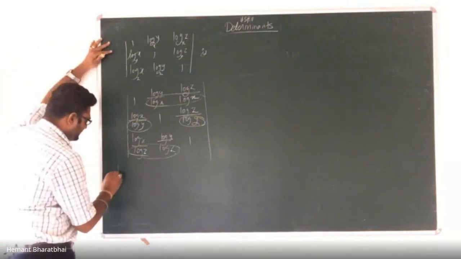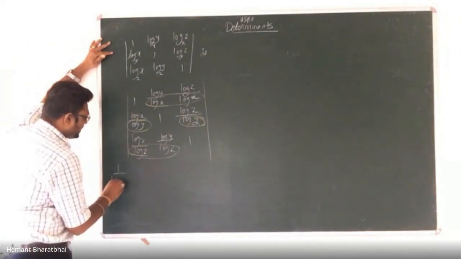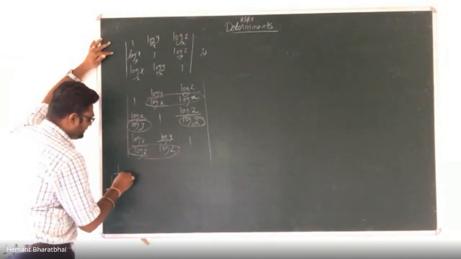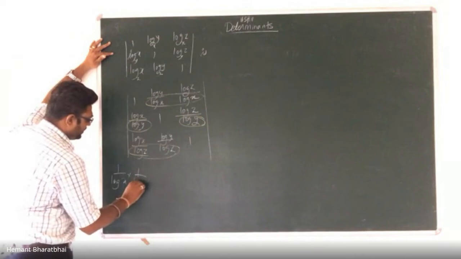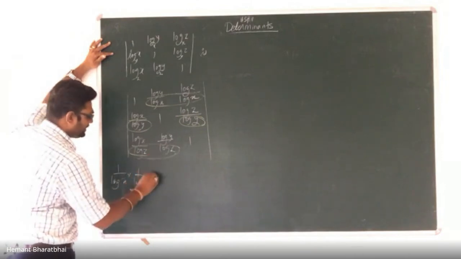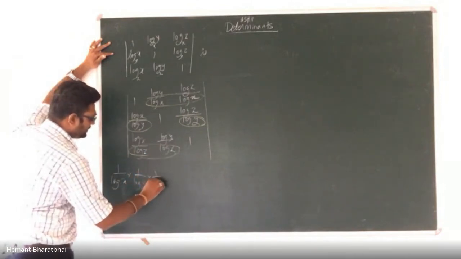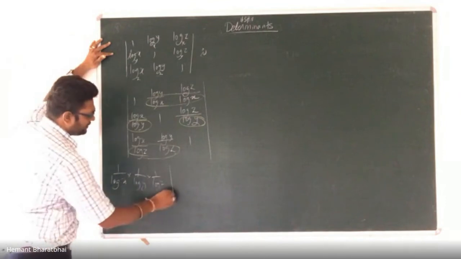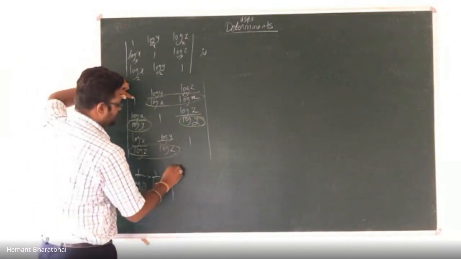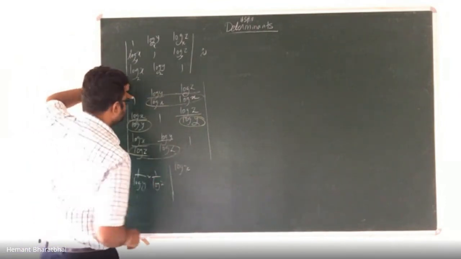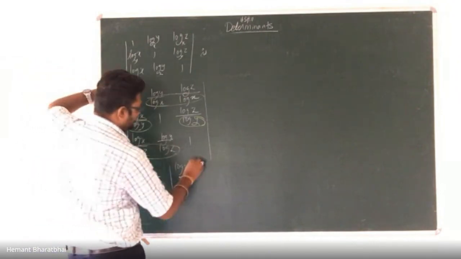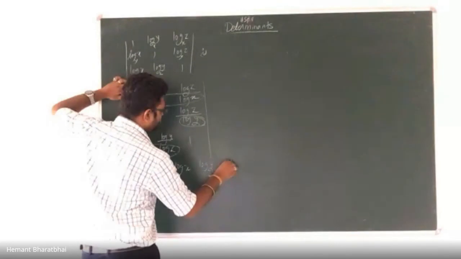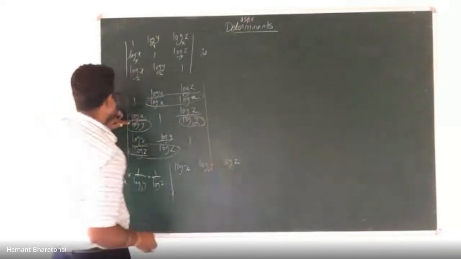So what will remain here is log x, because log x was not there over here, log y, and here log z.